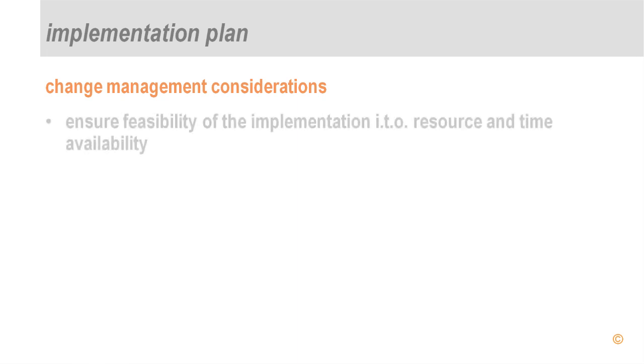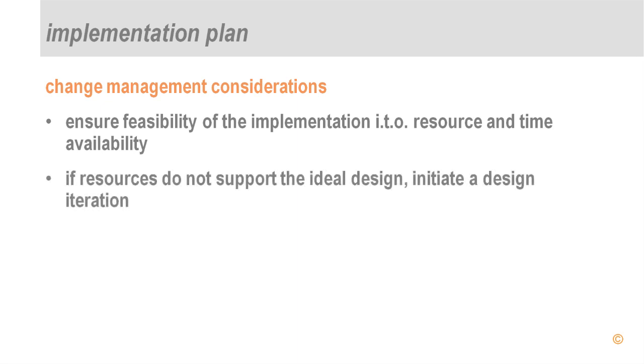We have also learned in Module 4 that some of the most important change management considerations are that the implementation plan is feasible in terms of resource and time availability. If the resources and time do not support the ideal design, it could imply that we have to do a design iteration and then afterwards have a different implementation plan.